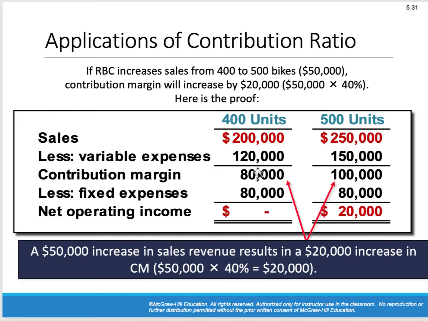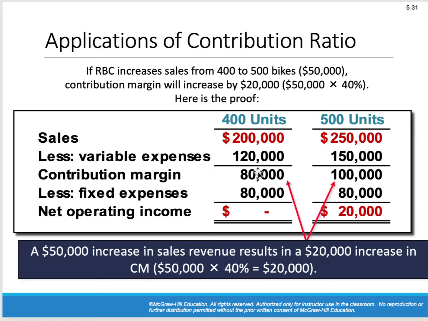We can figure that out without doing two separate contribution format income statements. All we need to do is calculate the contribution margin ratio, which we already have as 40%. We take that and multiply it by the increase in the sales.